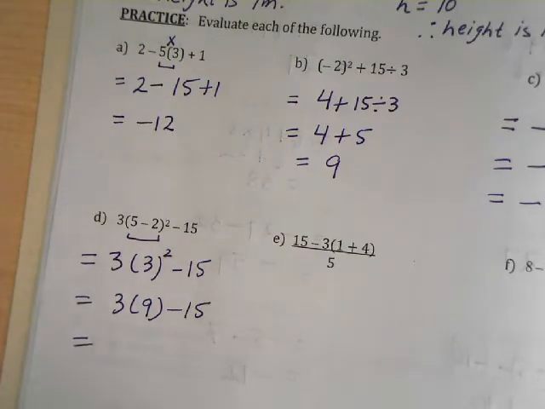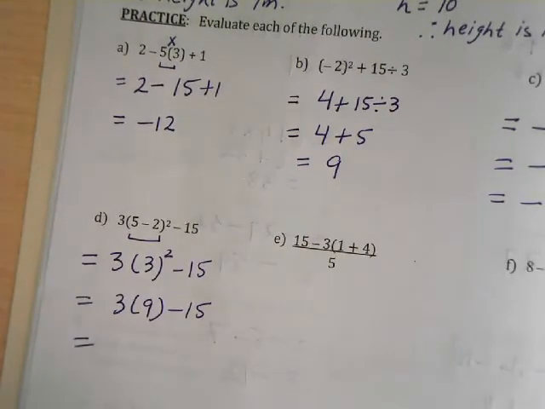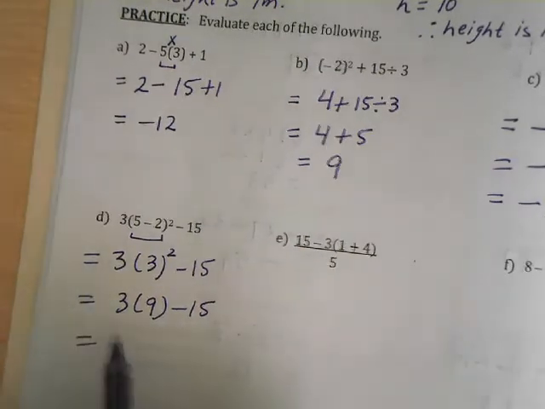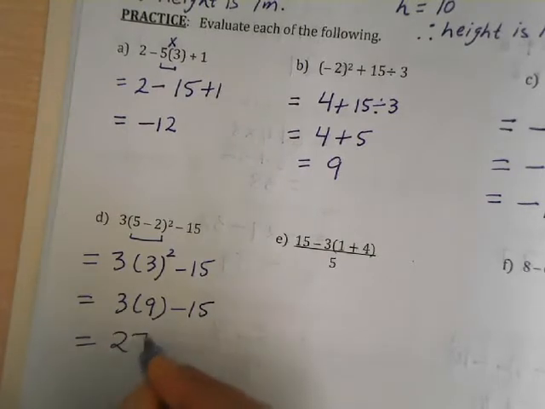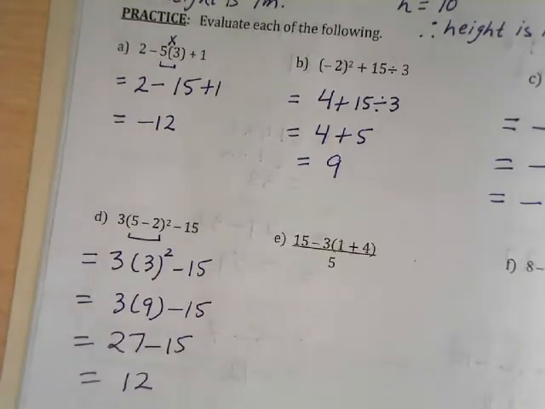Come on, BEDMAS. What about 3 and 9? How are they related? That's right. You do 3 times 9 first. Remember BEDMAS? You do multiplication first. 3 times 9 is 27, and then you subtract 15. Are we good?